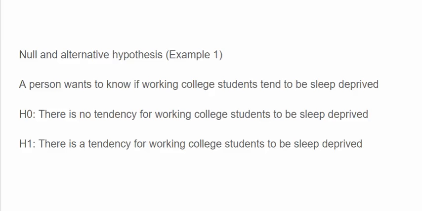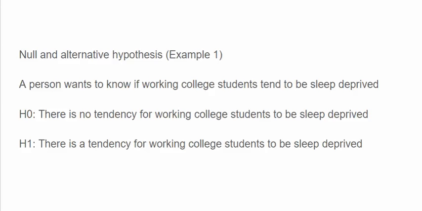So imagine a person wants to know if working college students tend to be sleep deprived compared to other types of college students. Well, in that situation, H0, the null, is a possibility that there's no tendency for working college students to be sleep deprived. So H0 is saying that the average or mean sleep of working students is equal to the mean sleep of other types of college students.